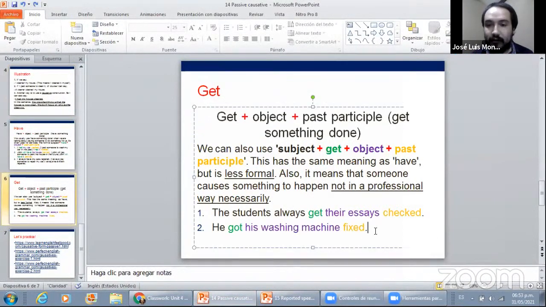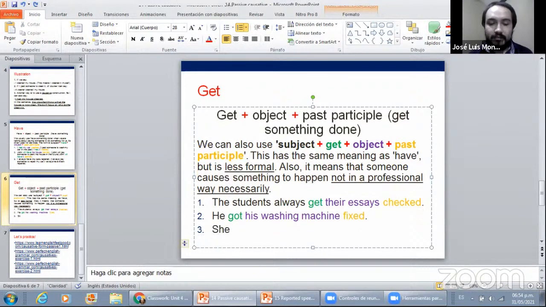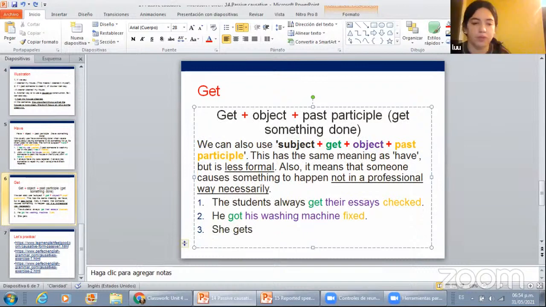If you're taking a look at my screen, for example, the first example, Luciana, it's in present. The students always get their essays checked. This is present. It doesn't matter that this word is in past participle, Luciana. It's only one structure. This sentence is present, all right? You can say, for example, she gets, right? Very similar to your example, Luciana.